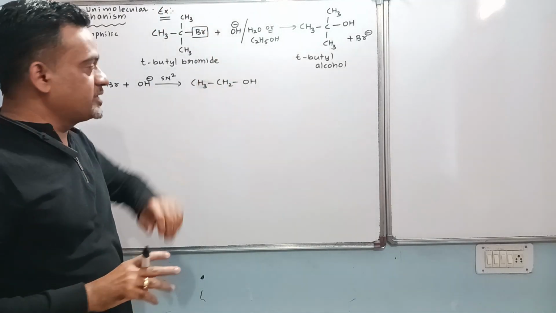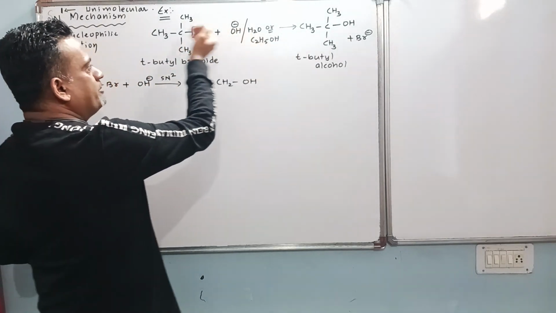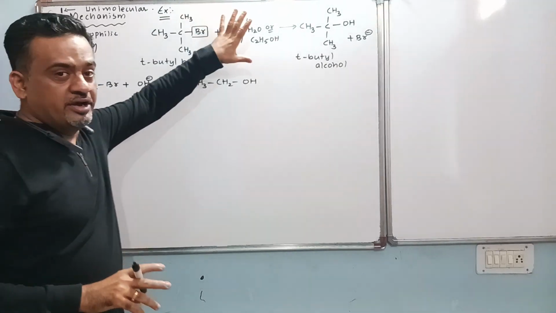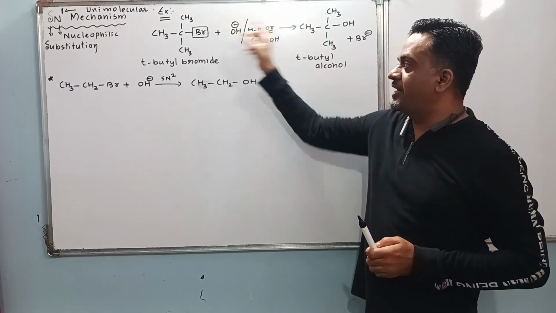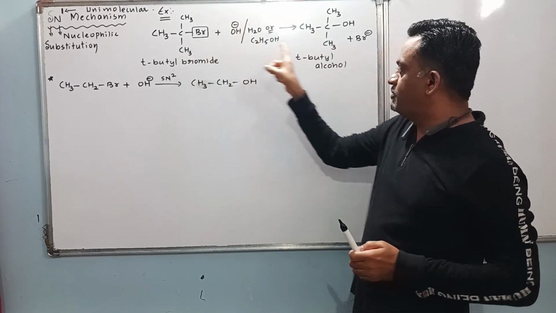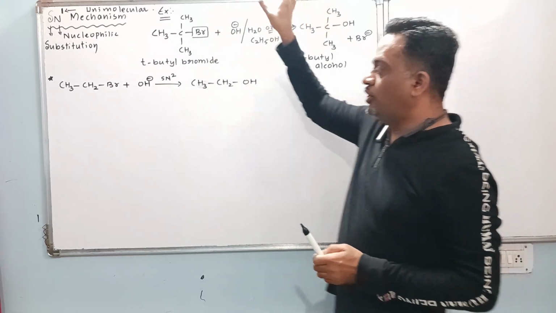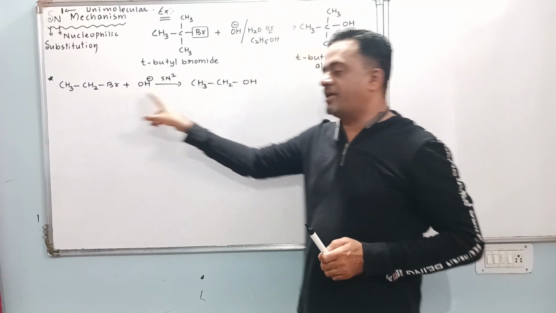But it is observed that if you consider tertiary butyl bromide with substitution by a particular nucleophile, this reaction is going to be far faster than this. This particular reaction which we have written here, tertiary butyl bromide giving us tertiary butyl alcohol, is going to follow a mechanism which is far faster than this particular mechanism.